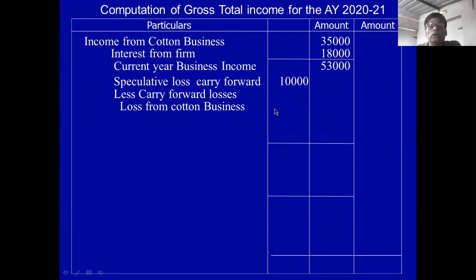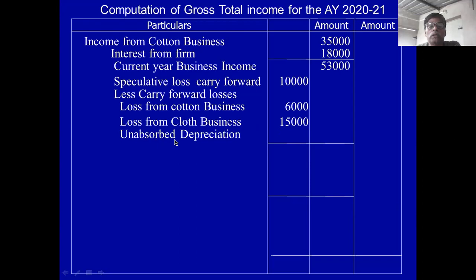Cotton business loss is 6,000. Then cloth business discontinued is 15,000. Third is unabsorbed depreciation, 3,000. If you deduct these three, 6,000, 15,000 plus 3,000, that is 24,000. Balance is 29,000.